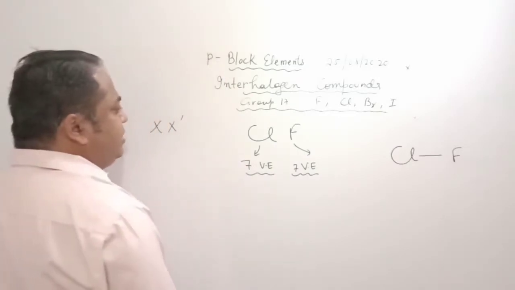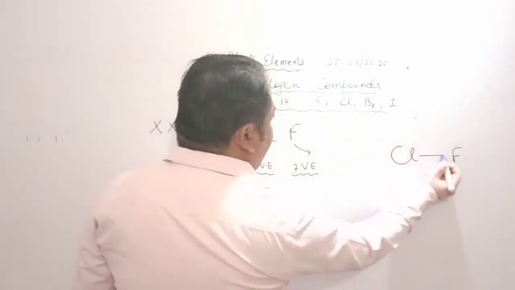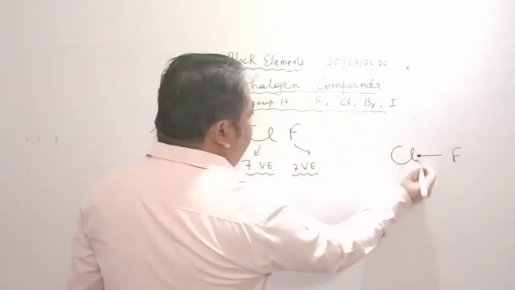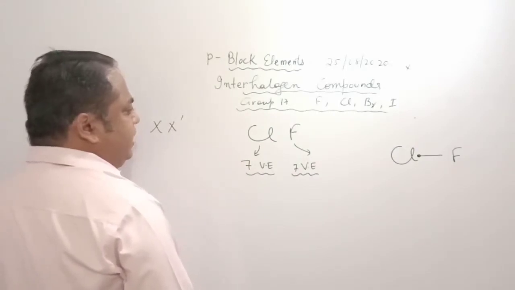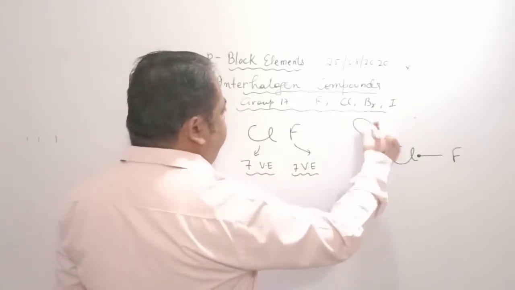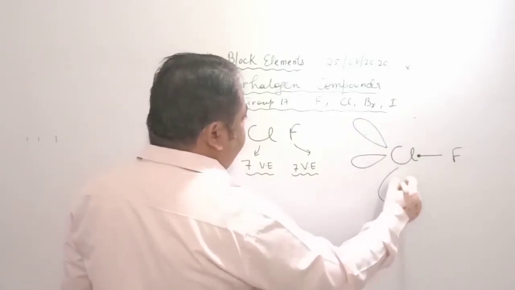That determines what will be the structure of the molecule. So this bond pair is there, so one electron is of chlorine. How many more electrons are left now? 6 more electrons. 6 electrons means 3 pairs. So 1 pair, 2 pair, and 3 pair.